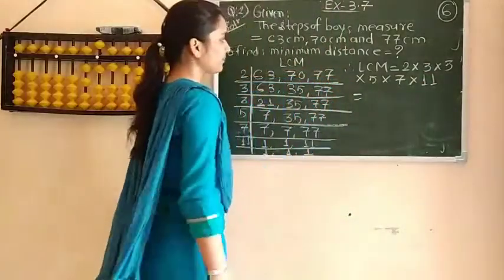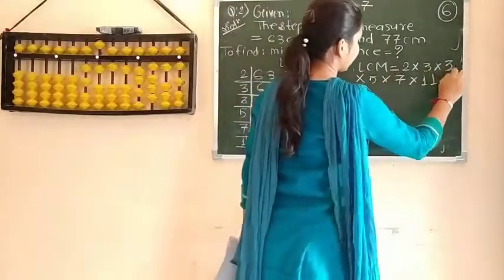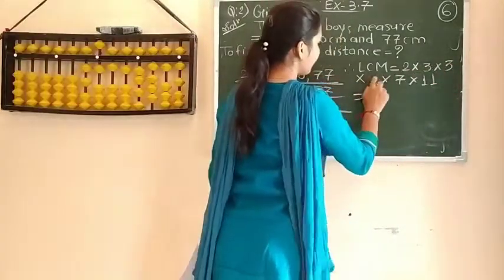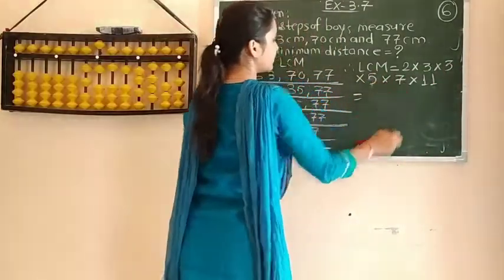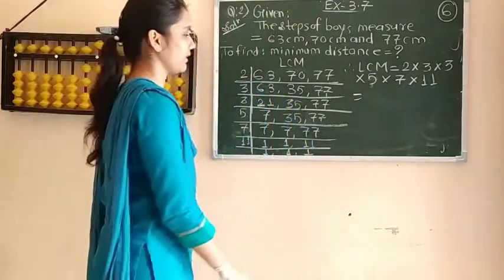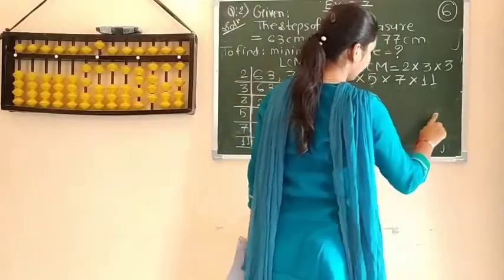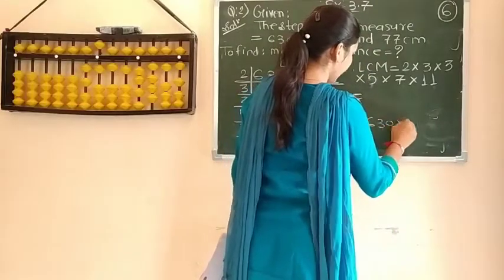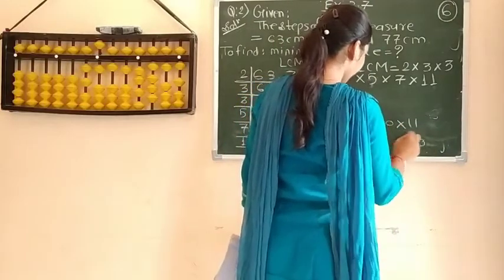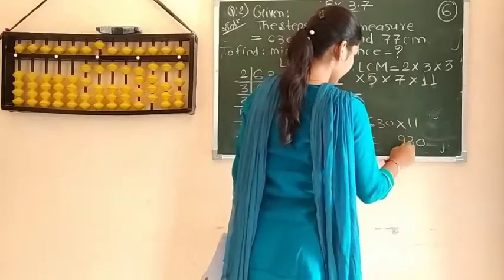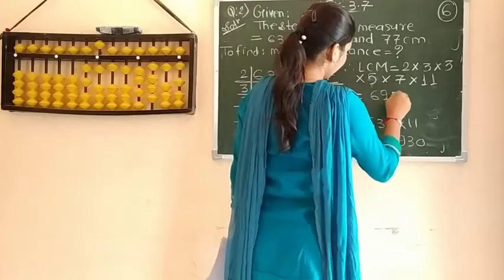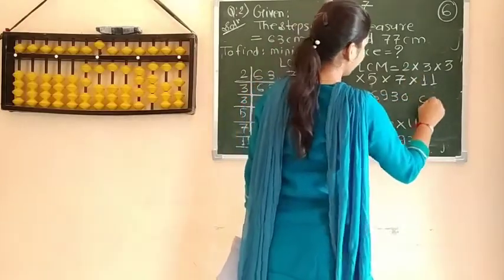So multiply them. 2 threes are 6, 6 threes are 18. 18 fives are 90, 90 into 7, 7 nines are 63, so 630, and 630 into 11 is 6930. And what is the unit?